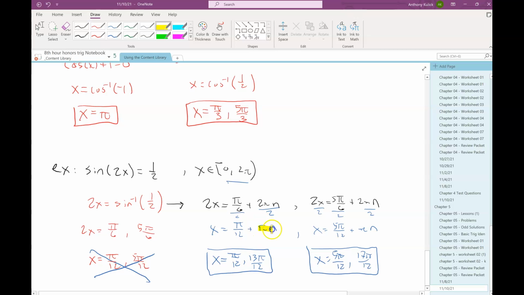Because I kept adding pi until I got something too big. If I add pi again, I'll have 25 pi over 12, which is too big. If I added pi to the other one again, 29 pi over 12, too big. That's why I stopped there.